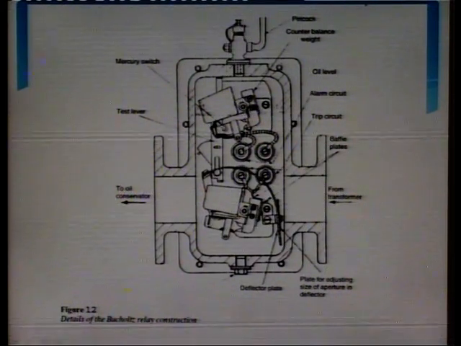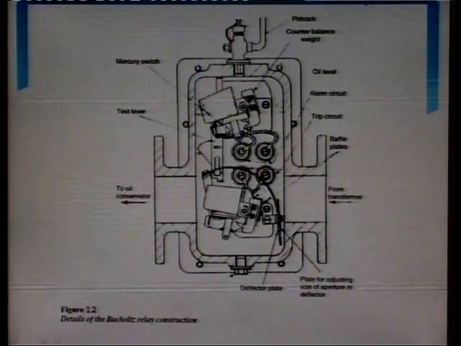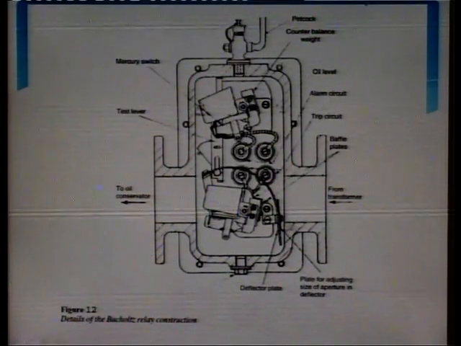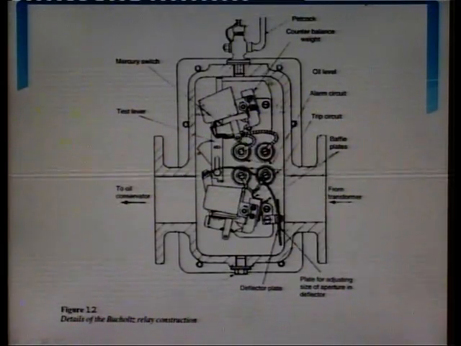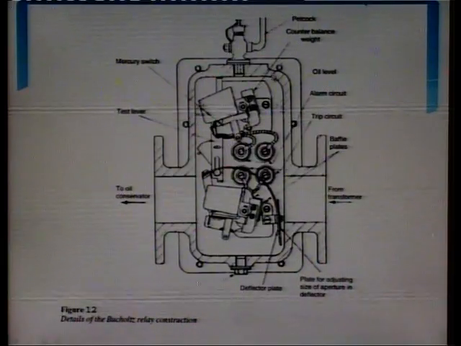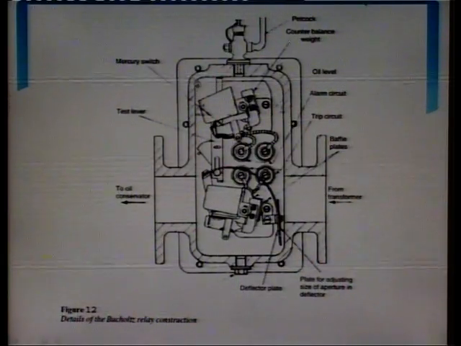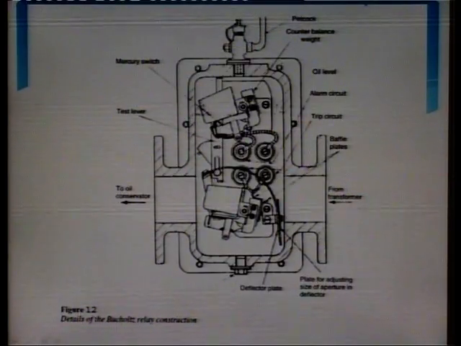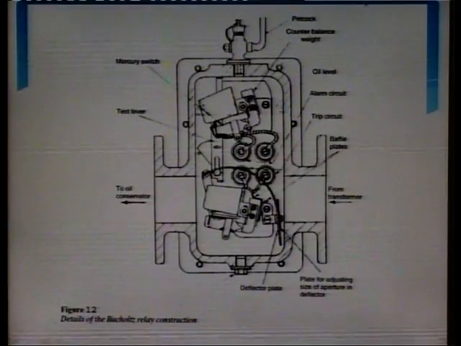These are the mercury switches which will detect the fault, so we can say that internally we have two mercury switches and two circuits. This Buckles relay is filled with oil. Now these are the deflector plates.